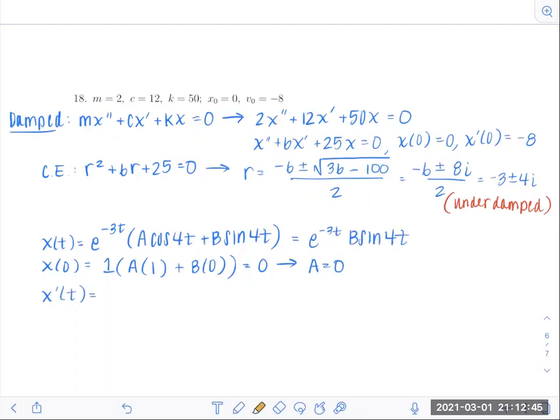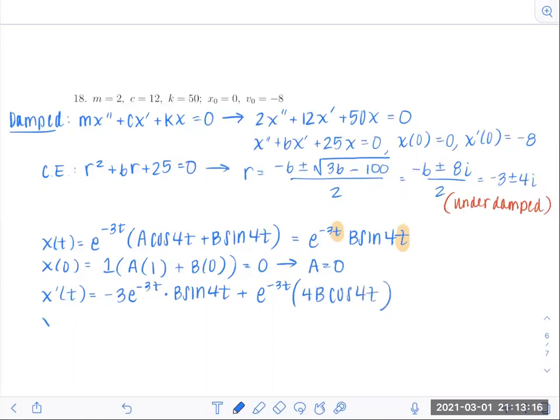However, I now have a product of two functions in t, so I need to compute that derivative using the product rule. So the derivative of e to the negative 3t is negative 3e to the negative 3t times B sine 4t, plus e to the negative 3t times, I'm going to use the chain rule, so that's going to give me a 4B cosine 4t.